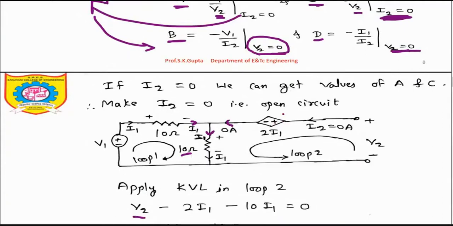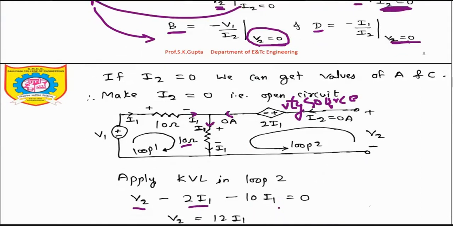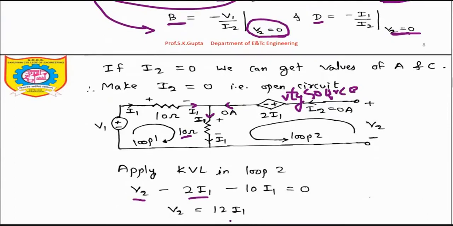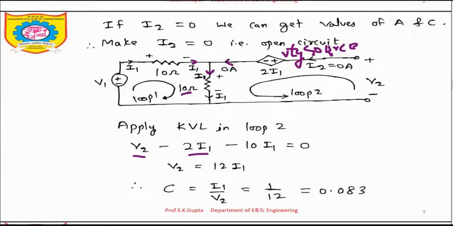Then this is a plus to minus, a voltage source, since plus and minus are written. So minus 2 I1, and current in a resistor is always from plus to minus, so minus 10 I1 equal to 0. So V2 equals 12 I1, and C is nothing but I1 upon V2. So I1 upon V2 is 1 by 12. This current upon voltage has the unit mho.